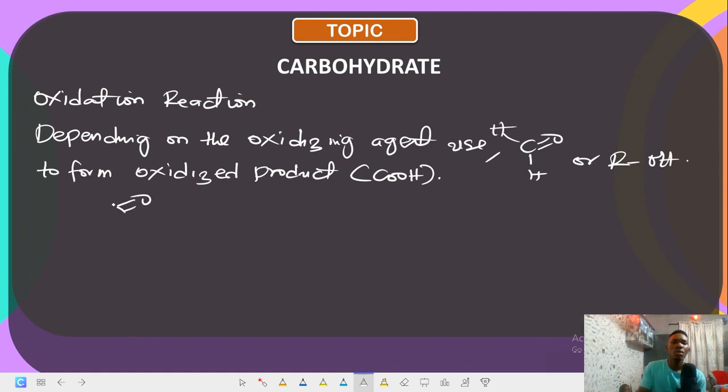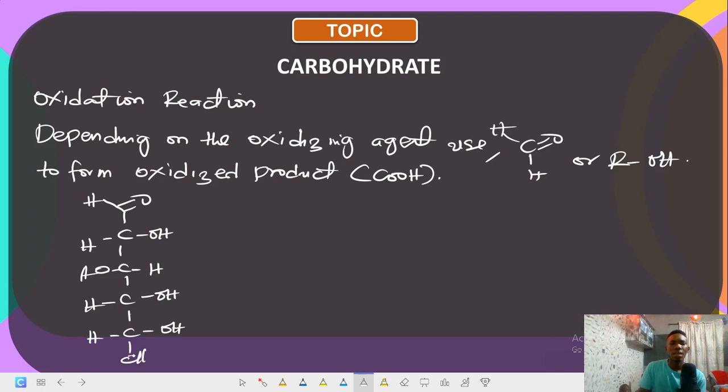If this glucose has this group, then it has C, this OH, H, C, OH, H, C, OH, H, then we have C, OH, H, and CH2OH. Now, if this aldehyde group is oxidized, what will be formed?